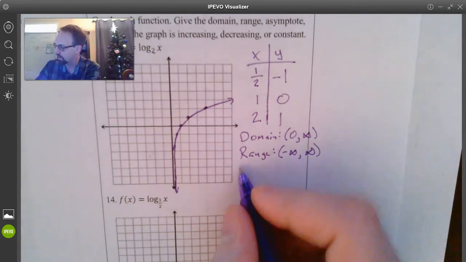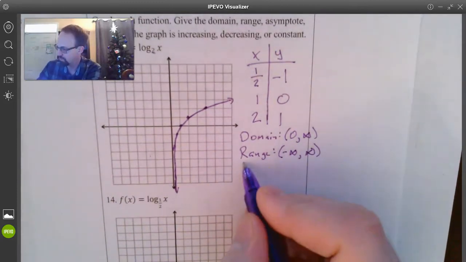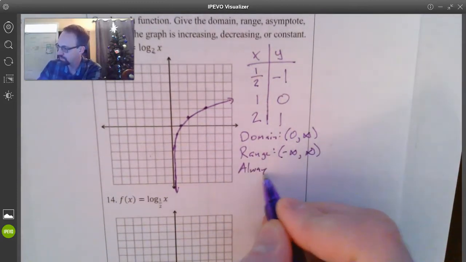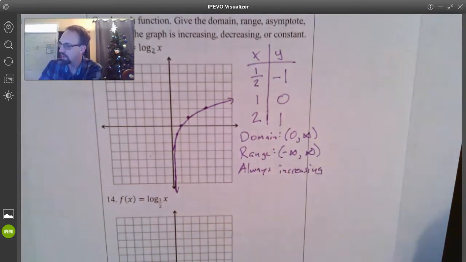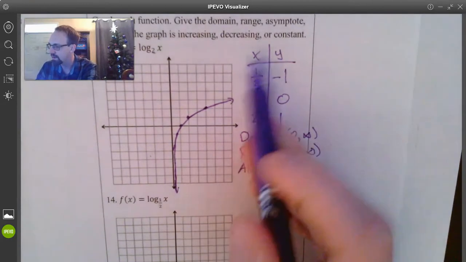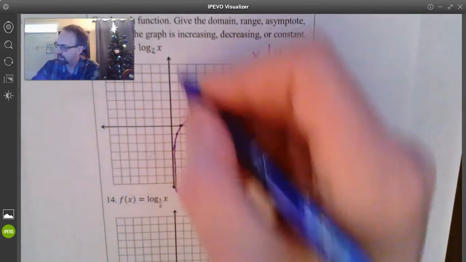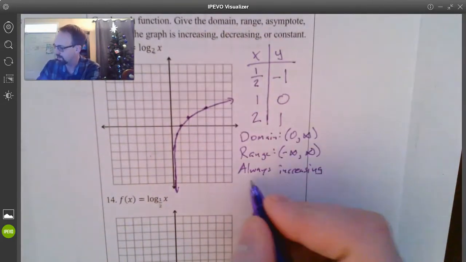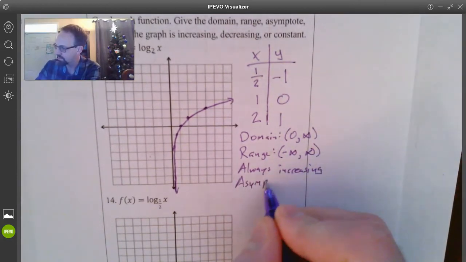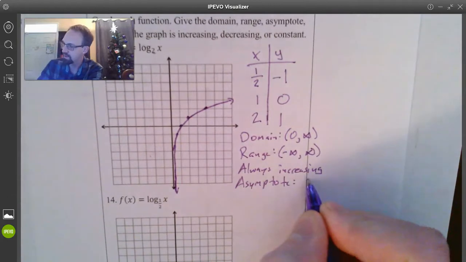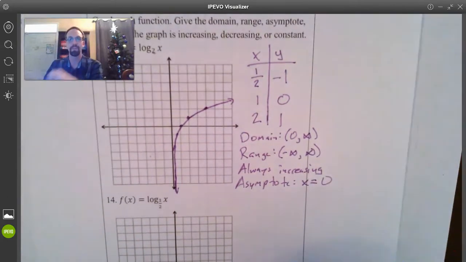This graph is always increasing as we move from left to right. Always increasing. And then the asymptote, this vertical line here at the y-axis, that is x equals 0. So this asymptote is at x equals 0.